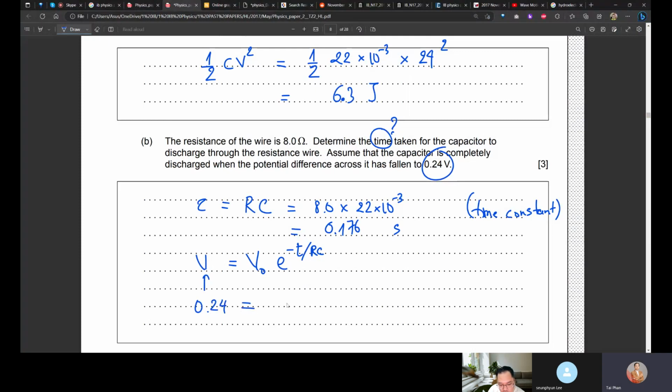The initial voltage here is 24. e to the power of minus t over 0.176. Put this into the calculator and you can find the time t. Can you do that? Okay, so please use the calculator and calculate the time. Tell me. If you don't know how, I can help you with the calculator, like a Texas 84 or Casio.